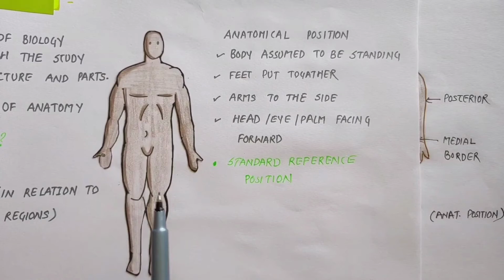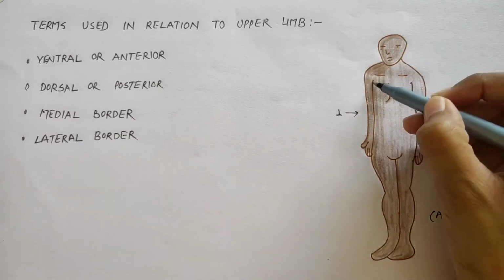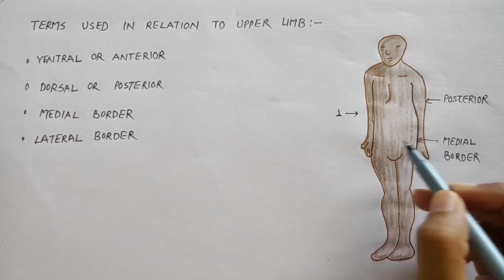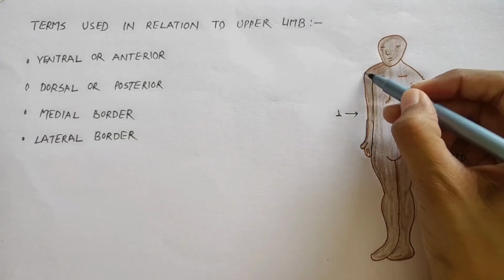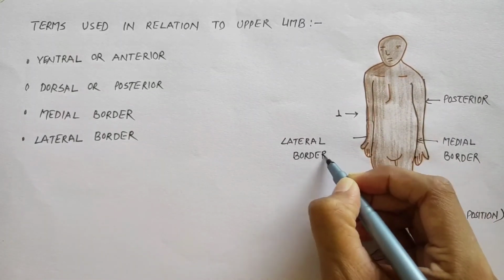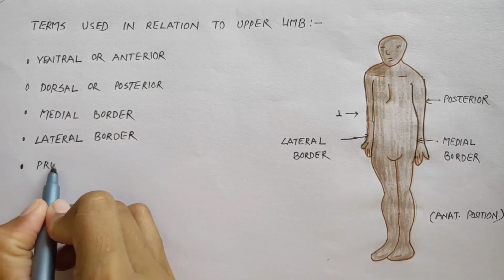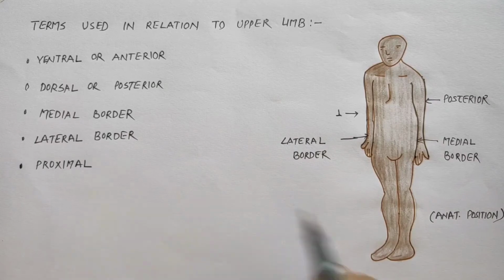Recall anatomical position here. This is medial, this is lateral. This is lateral border. Now proximal: it is close to the root of limb.